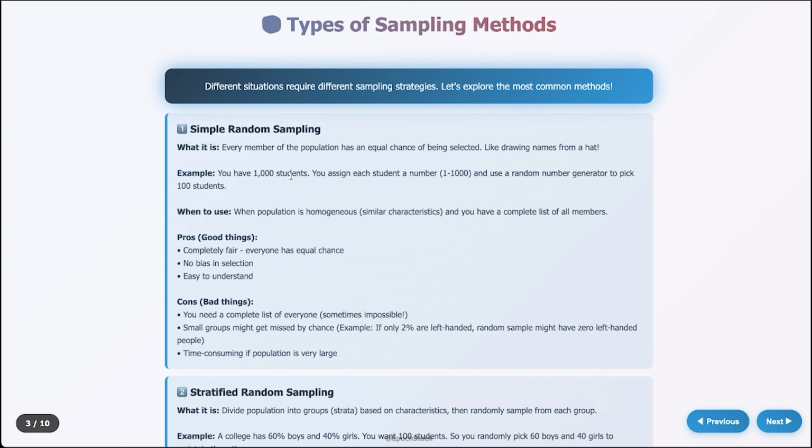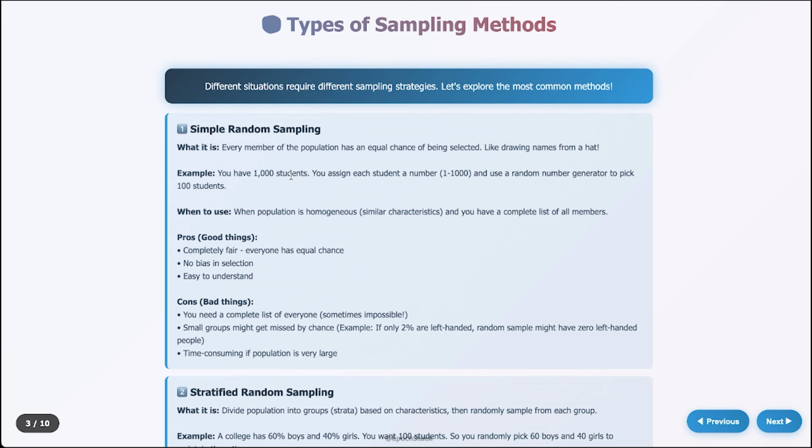Okay, the second point is, smaller group might get missed by chance. So this means, for example, you are surveying a school having 1,000 students, and in that school there are 30% girls and 70% boys, and you use the random number generator to pick the 100 students. In that case, you might miss the number of girls in your sampling.